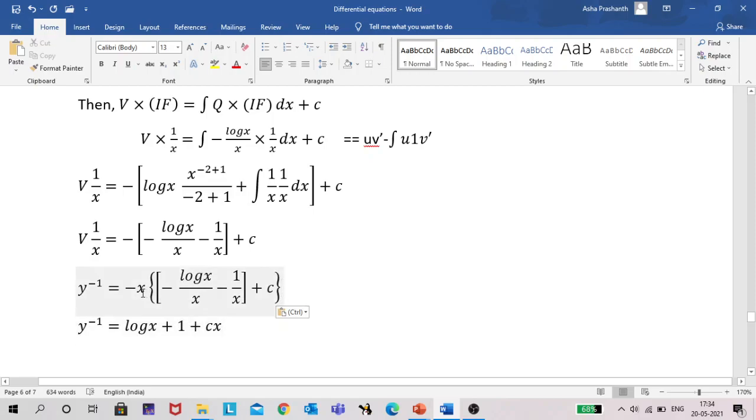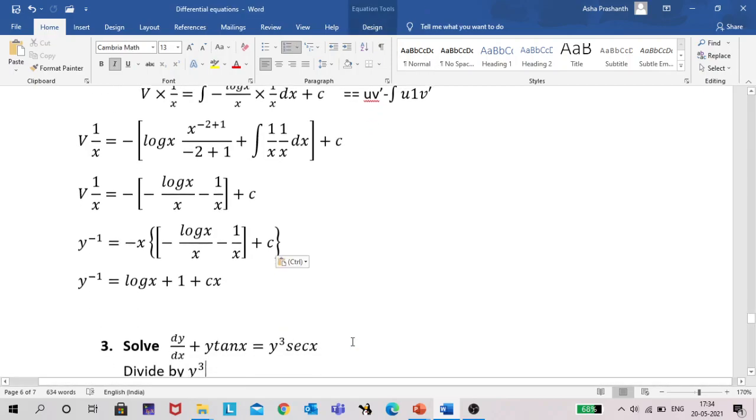Okay, this x is applicable for all the terms, right? All the terms. Okay, got it? So this is the solution for the second problem.